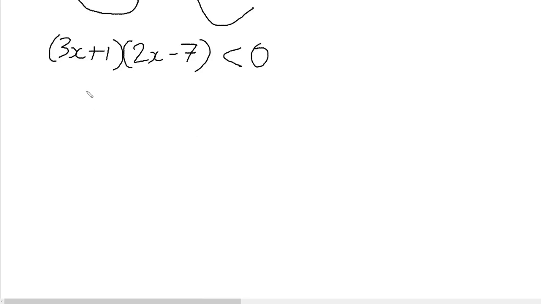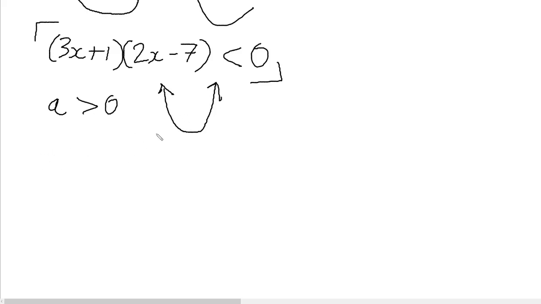So, since we have a quadratic, the safest way to go about finding the true sort of range of x values that we want, an inequality for x that we want, is to plot it on a graph. And how do we do this? Well, since we know that a, the first term of the quadratic, is more than 0, it's an upward facing graph. It's a positive quadratic.